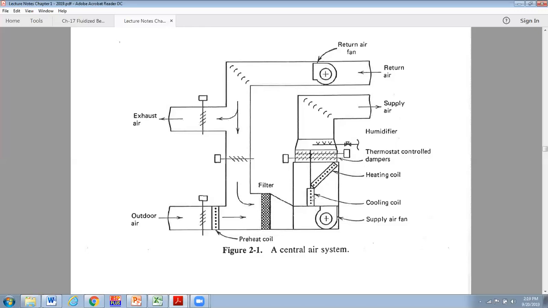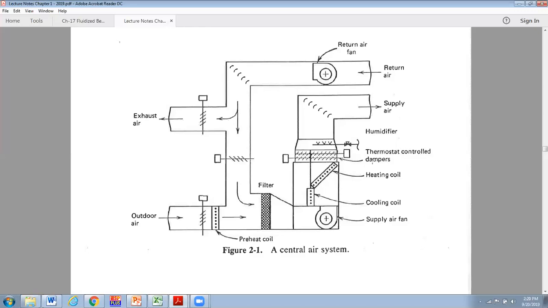What we're showing here is a supply fan that's blowing through the coils. And you see what happens. This is set up to provide cold air that goes across the cooling coil. And we have dampers here that control the mixing of this hot and cold air under the control of a thermostat.